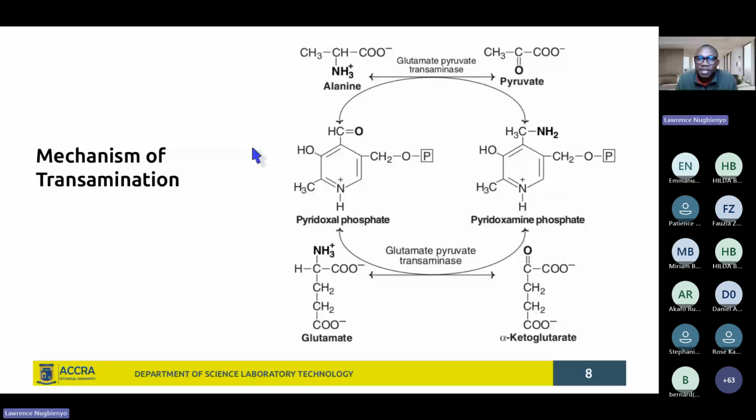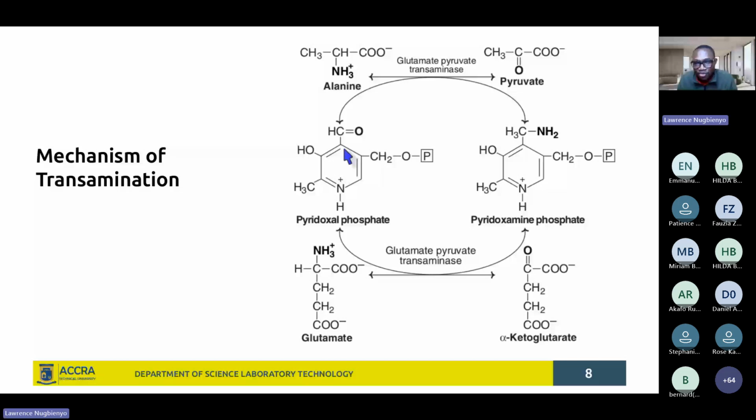From the substrate, alanine, the amine group is transferred. And where is the amine group transferred to? The amine group is transferred onto the coenzyme. So you see, the coenzyme and the enzyme are acting together. Remember, the coenzyme is the prosthetic part of the enzyme.